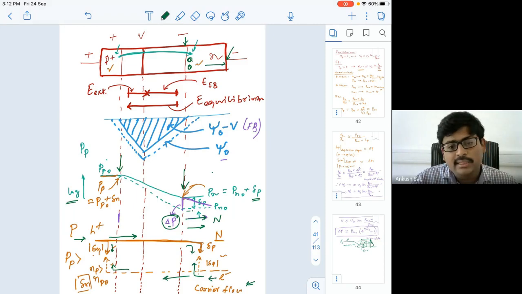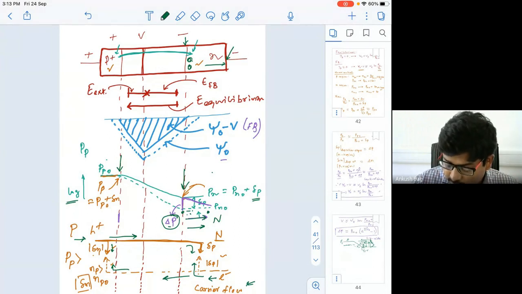What type of carrier transport will there be? Because there is a gradient: at the depletion edge, del P will be higher than the small del P further along, so the carrier concentration here is of course higher than the concentration there.